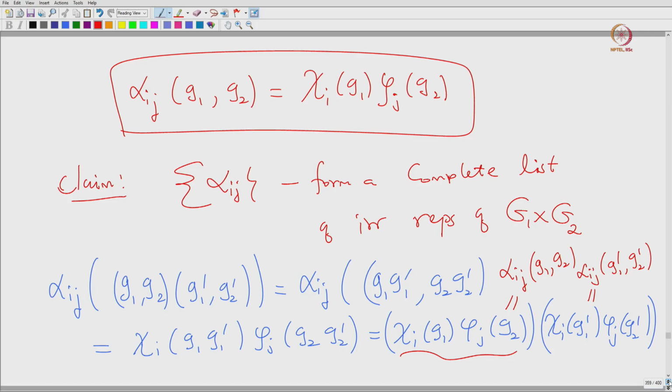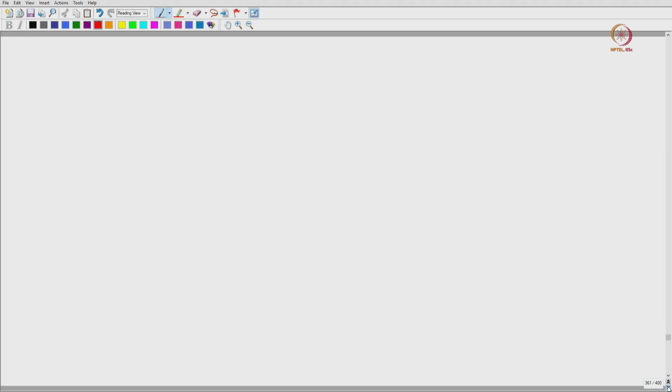Okay. So now from this, like I said, one can use the structure theorem in order to actually get irreducible representations of any finite abelian group.